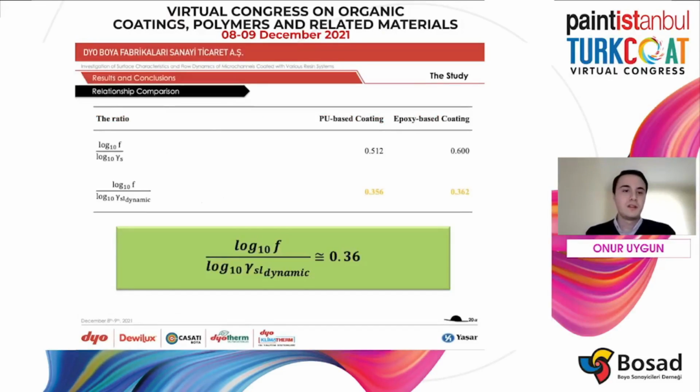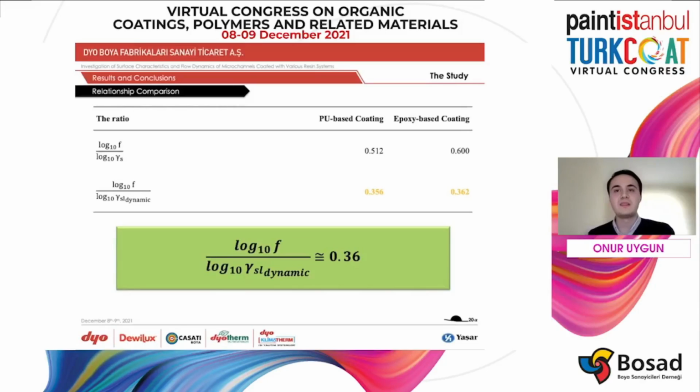The results show that the friction factor and the surface energy ratio did not show that there is a constant ratio between these parameters. Maybe we can investigate this further, but on the contrary, the ratio of friction factor and dynamic interfacial tension for polyurethane-based coating is approximately equal to the ratio for epoxy-based coating.